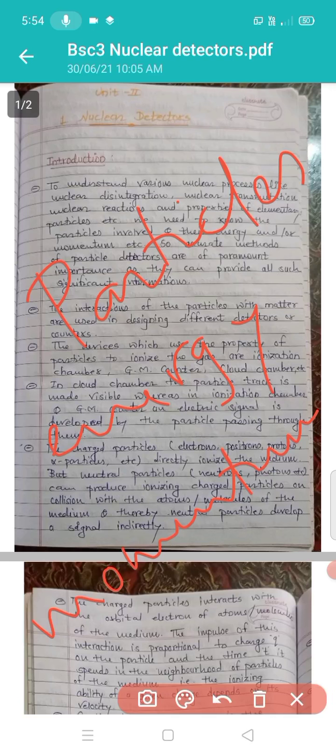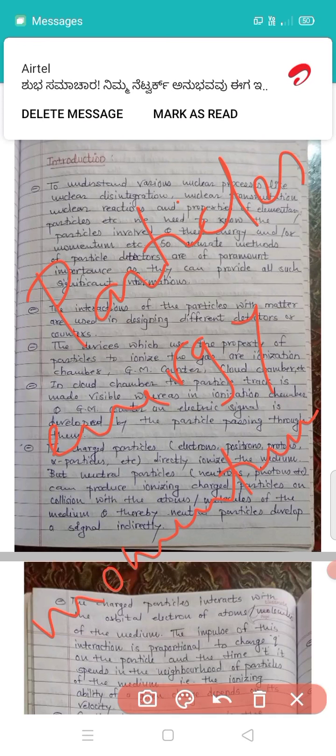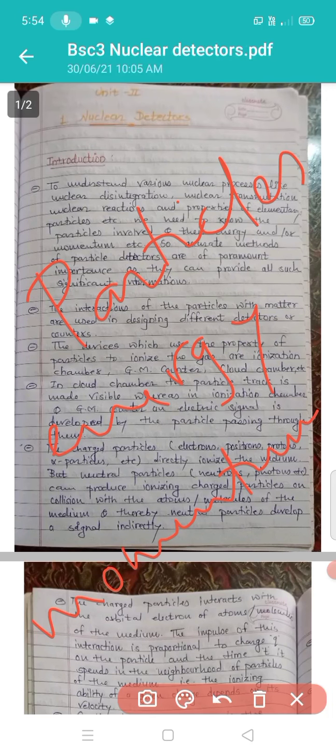The charged particles interact with the orbital electrons of the atoms or the molecules of the medium. The impulse of these interactions is proportional to the charge q on the particle and the time t it spends in the neighborhood of the particles of the medium.